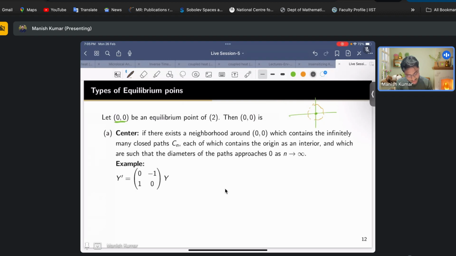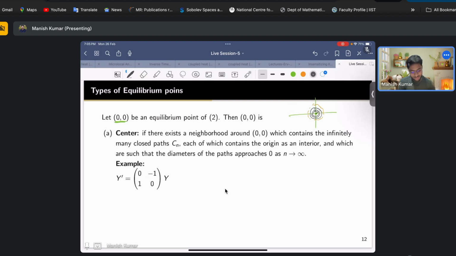That means it should contain many paths, C1, C2, C3 like that, which contain the origin in the interior of each curve, and the size should decrease. So there should exist a sequence of paths whose diameter will increase or decrease.